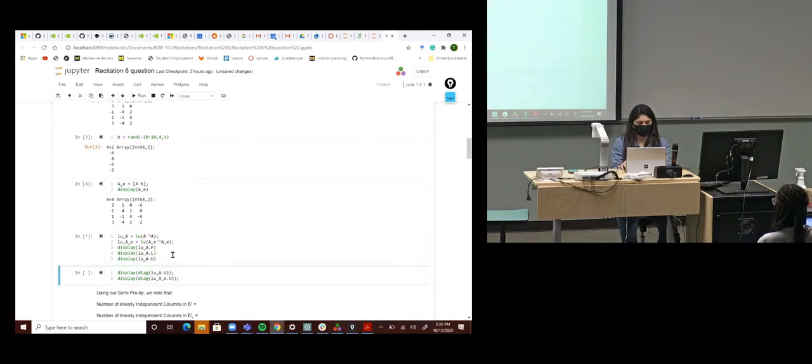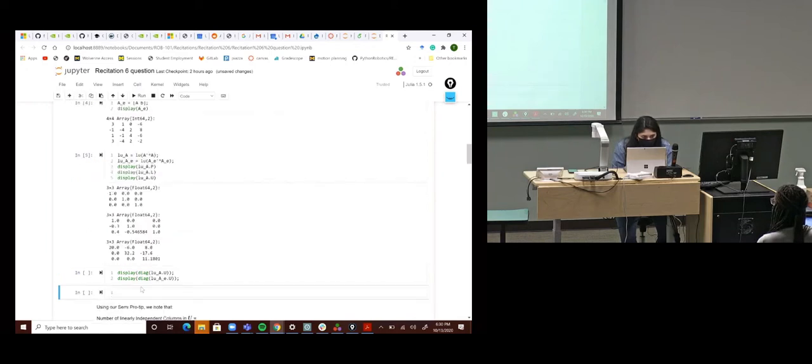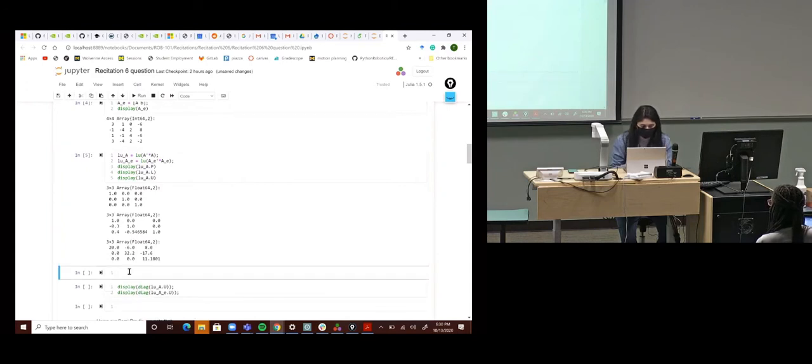That's one way to do it, and it'll give you what you want. Another way to do it is simply what you'll see in your homework. So P, L, U is equal to LU decomposition of A transpose times A.